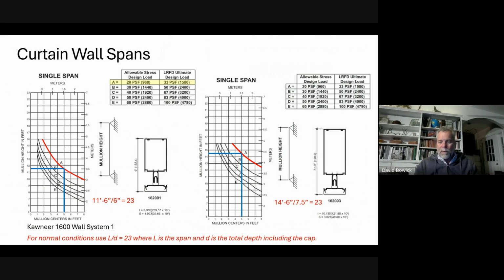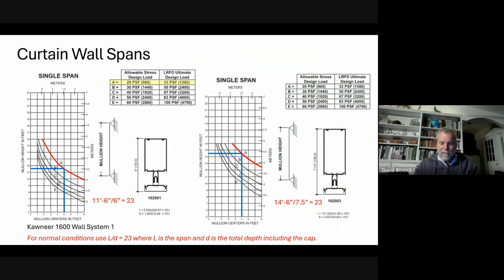So what we would do is determine our load. In this case, it's 20 pounds per square foot, which is fairly common for a low-rise building. 20 pounds a square foot for wind load. So that tells us that it's curve A. If you look at the little table in the upper right, it tells us we're looking at curve A. We know our mullion spacing is 5 feet.